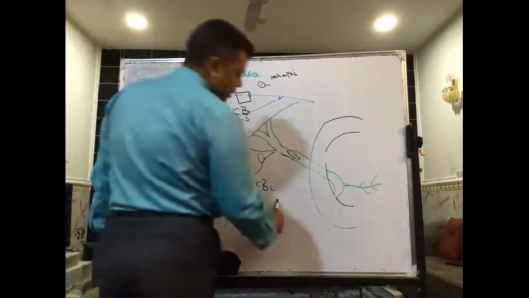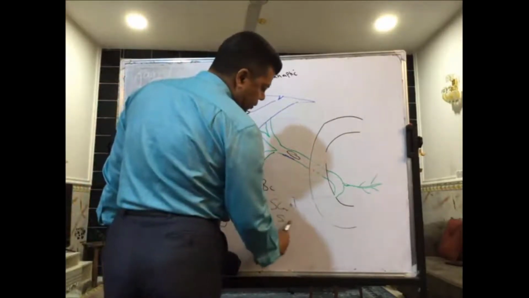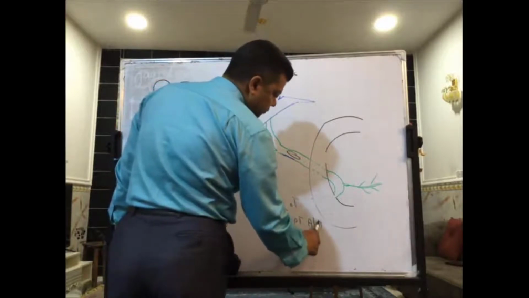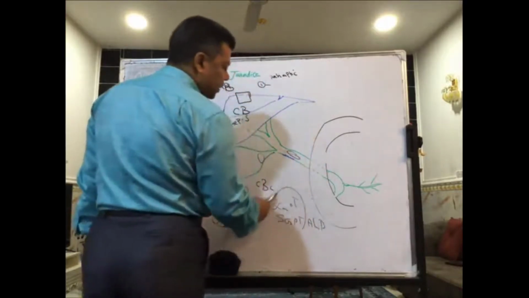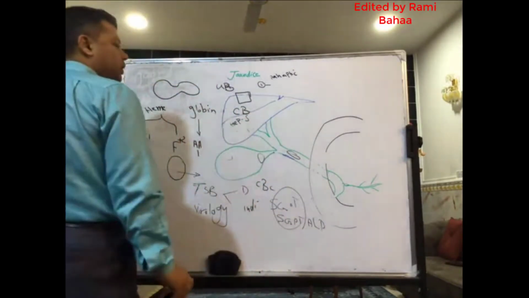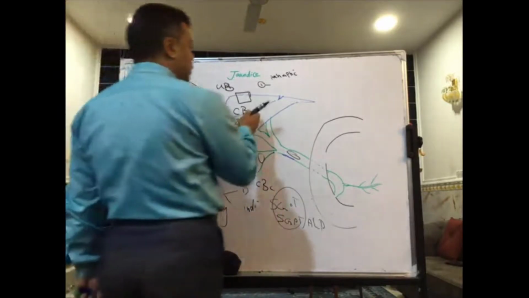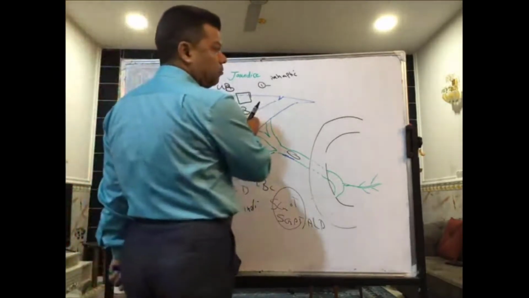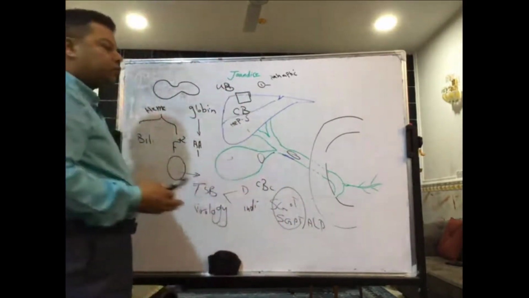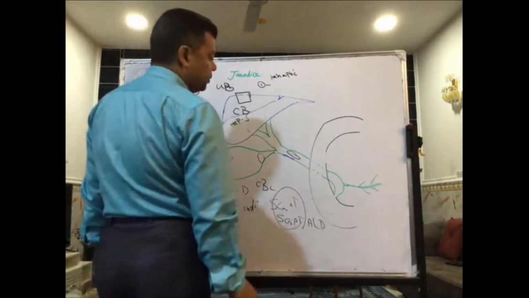Enzymes, SGOT, SGPT, alkaline phosphatase. These are enzymes of the liver tissue, produced by liver tissue, and when there is a disease process involving the liver, usually these enzymes will be elevated.